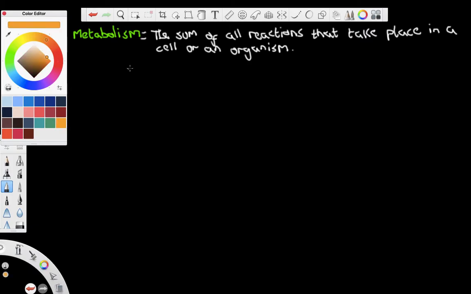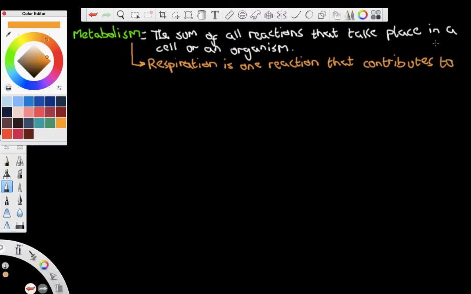Okay, so we can add underneath here by saying that respiration is one reaction that contributes to metabolism. So there are lots of reactions. Respiration is only one of them.